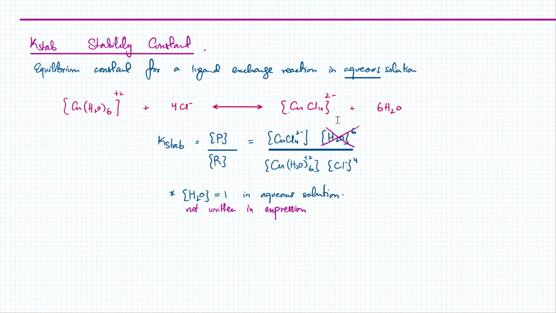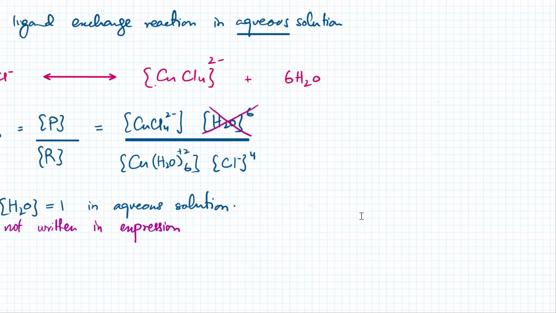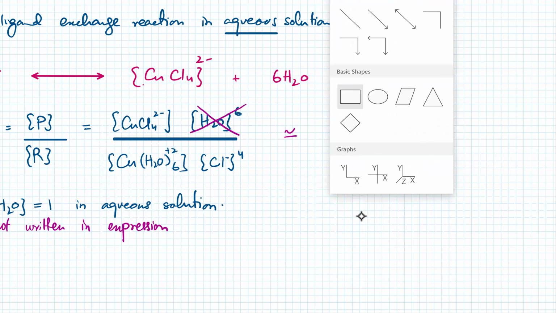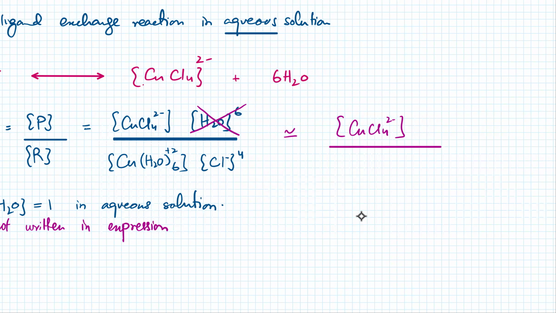So water is not going to be written in the expression, and sometimes the same thing could be written this way as well. The CuCl4 2 minus and this [Cu(H2O)6], they'll just write Cu2 plus aqueous. That's it.